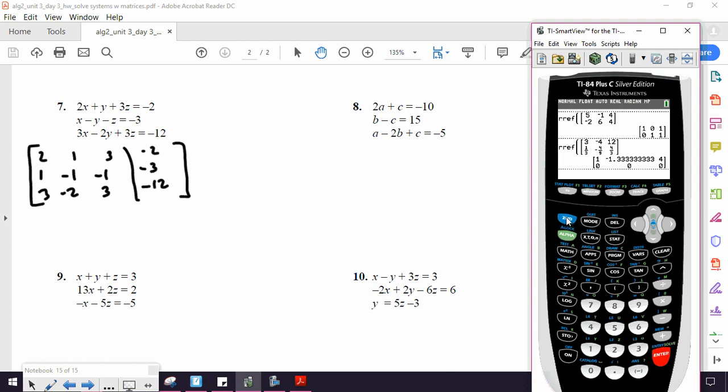You can do it. So second matrix, math, alpha apps for RF. Now we go to alpha zoom for our matrix. This time we have 3 rows and 4 columns. And then select OK. In the first row, it's 2, 1, 3, negative 2.